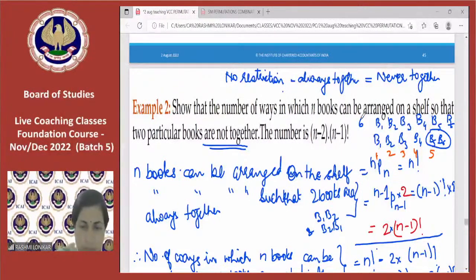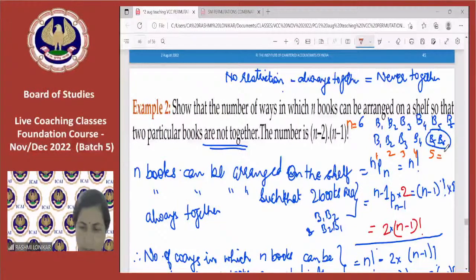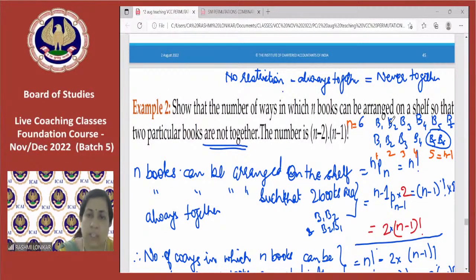So what is the difference between 6 and 5? A difference of 1. So if this was n earlier, now 5 is n minus 1. If n was 6, now it has become 5, so 5 can be written as n minus 1. That is why we have taken n minus 1 here.